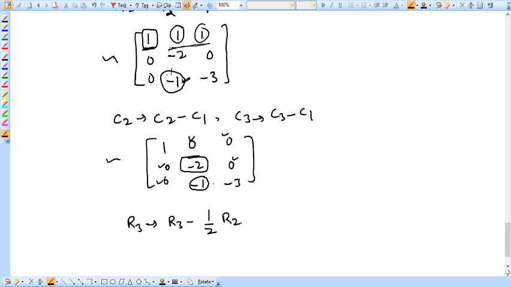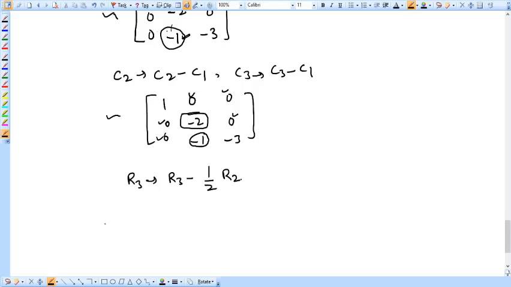So it is equal to 1, 0, 0, the second row 0 as is. It is 0 minus 0, 1 minus half of the entry is equal to minus 1, minus 1 plus 1 is 0, and 3 minus 0 into anything is 3.